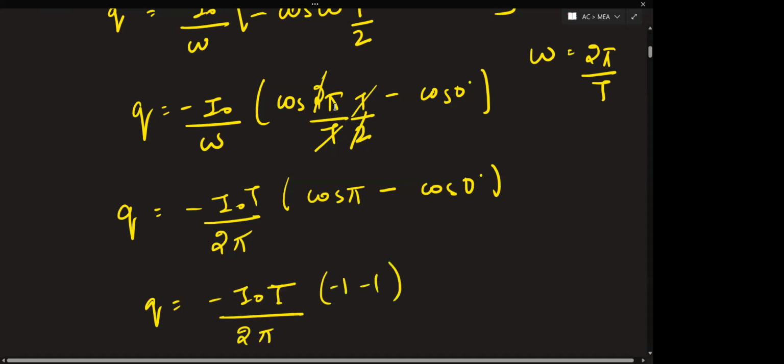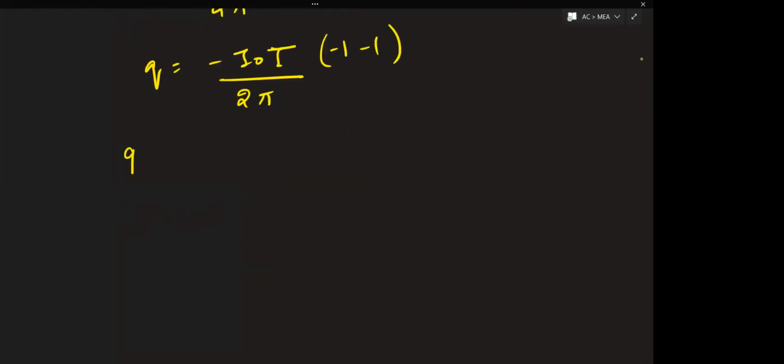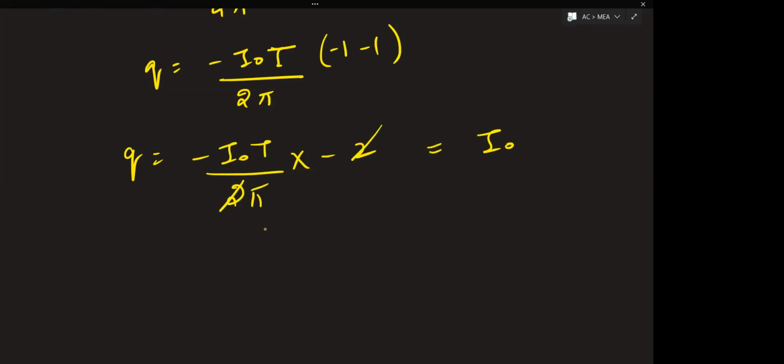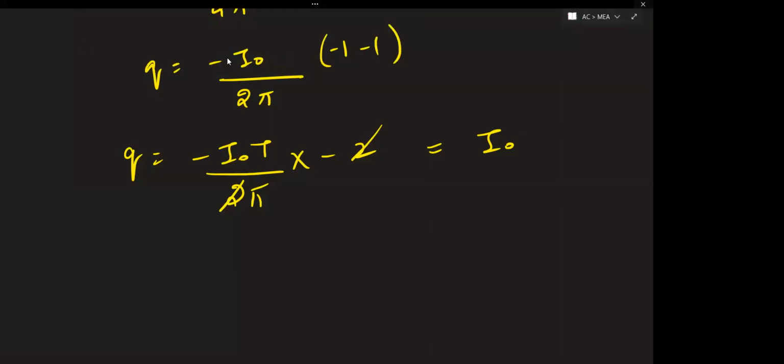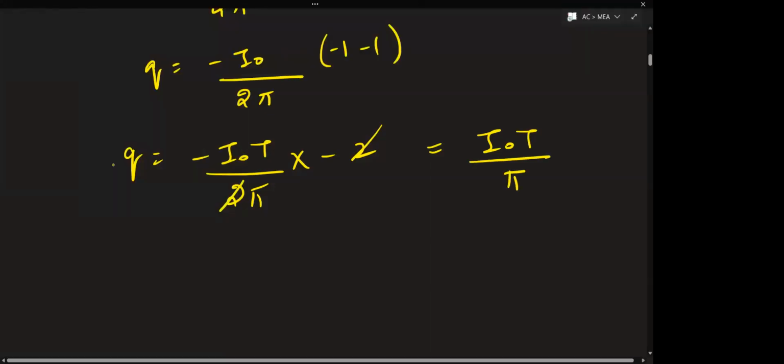That makes it minus 2. So Q becomes equal to minus I naught T by 2 pi into minus 2. This 2 gets cancelled. Minus minus becomes positive. I naught T. This becomes I naught T by pi.